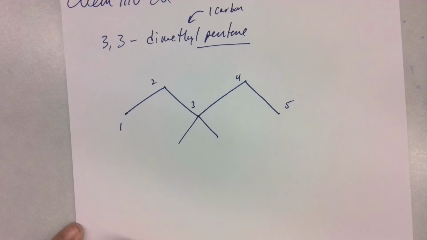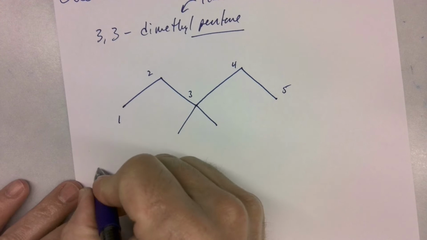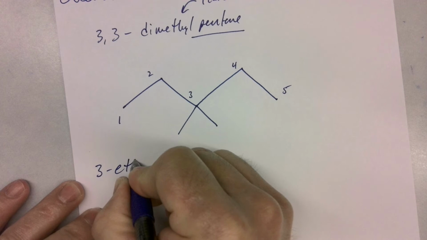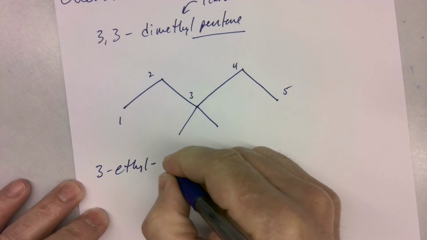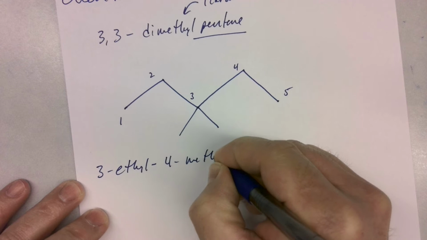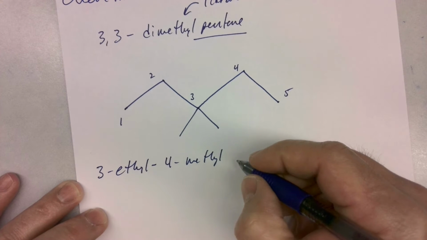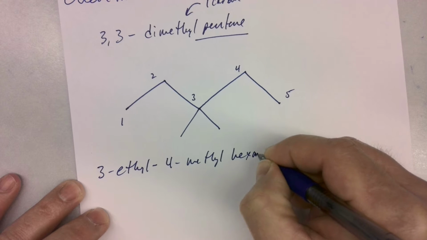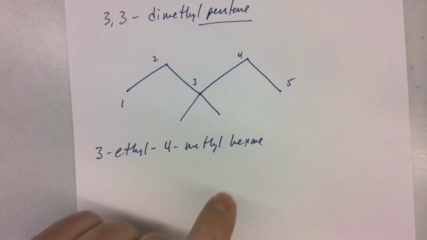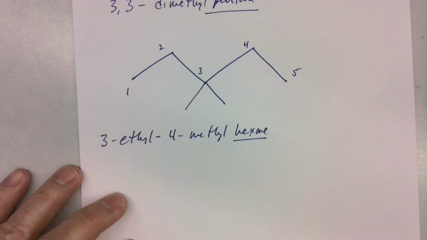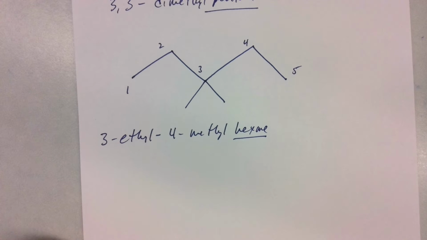Okay? Now the next one is 3-ethyl-4-methylhexane. Okay, so now I'm still going to start at the end, so I'm going to start with a hexane molecule. So that means I'm going to have how many lines?